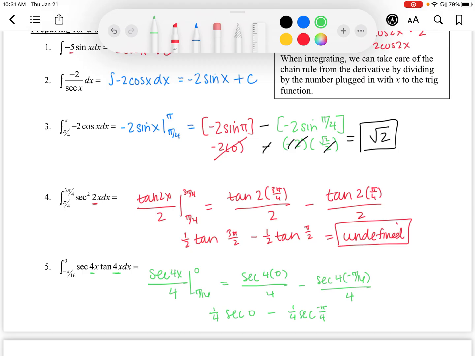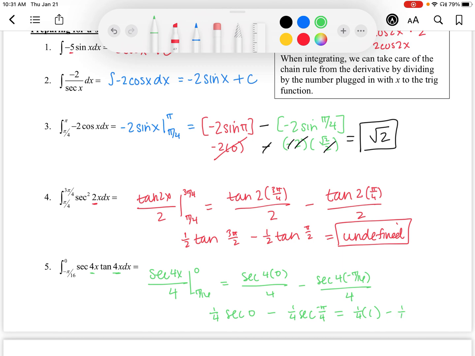And using some of our trig, secant is 1 over cosine. So if I'm looking at cosine of 0, that's 1. So 1 over 1 is still 1. So I'm going to have 1/4 times 1. And then cosine of a negative pi over 4 would be, what is that, root 2 over 2. So then the secant would just end up being a square root of 2.